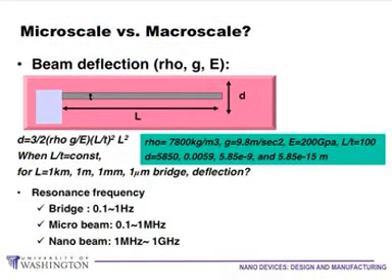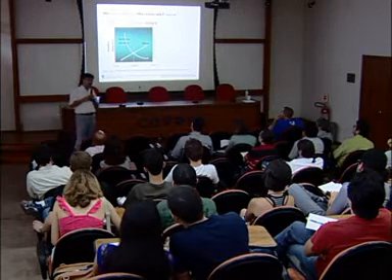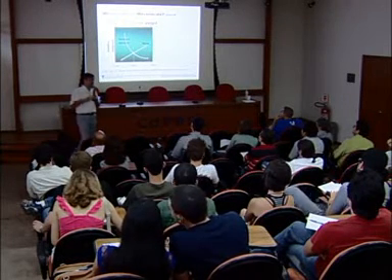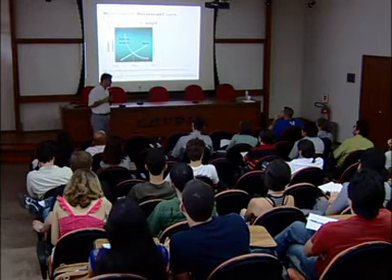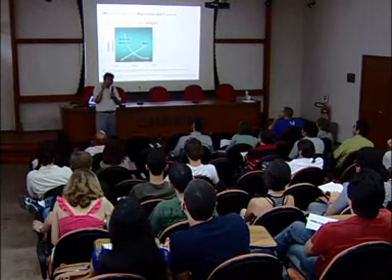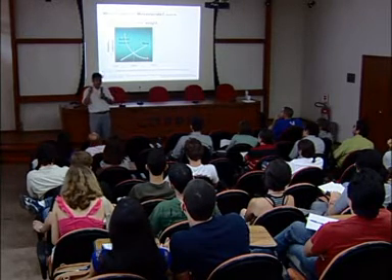And one of the most dominant forces in microscale is the surface tension. Okay. Do you know what the surface tension is? What is that? Surface tension is the interfacial energy between the solution and air, right?